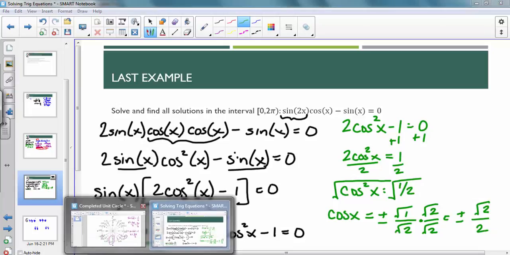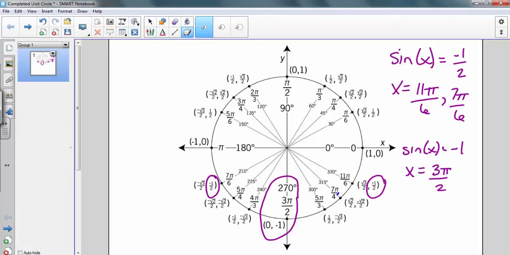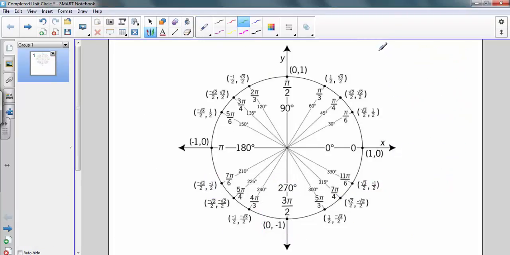So again, going back to my completed unit circle, we are looking for when sine of x equals 0 and when cosine of x equals plus and minus root 2 over 2. So cosine is my x value, and I need either a positive or a negative root 2 over 2.